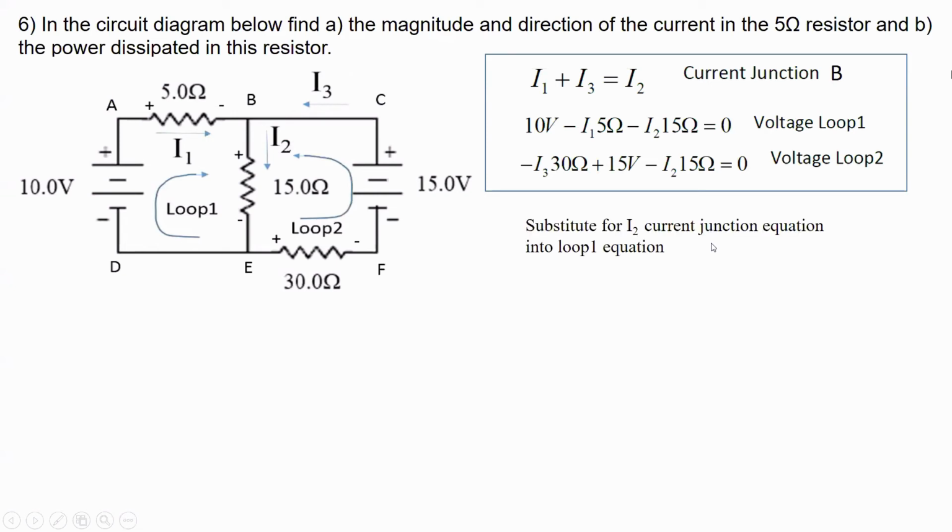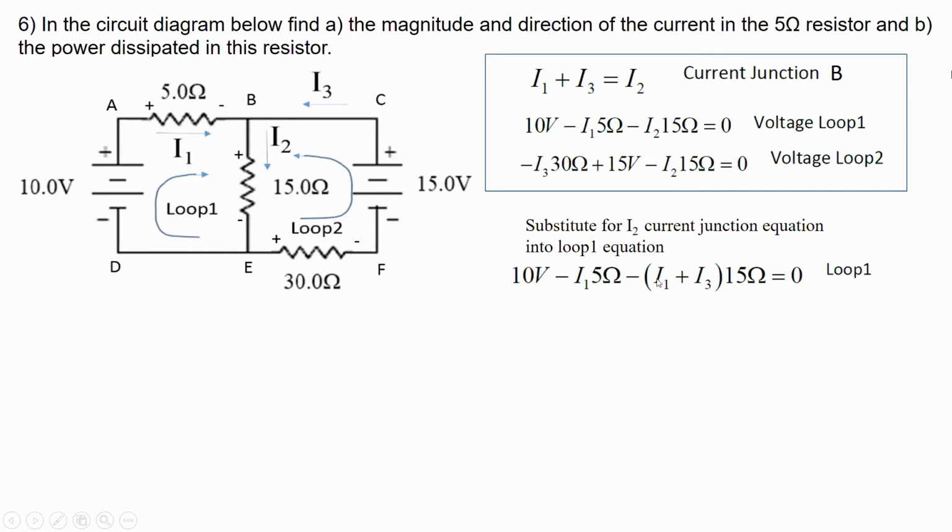So what we'll do first now is substitute I sub 2, from the current junction equation, into the loop 1 equation. This equation here. We want to get rid of I sub 2. Remember, it's I sub 1 that we're really interested in because that's the current that goes through the 5 ohm resistor. Okay, so this is what we'll do. We eliminated I sub 2. We're going to combine terms.